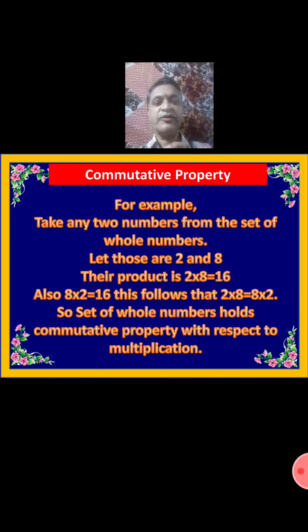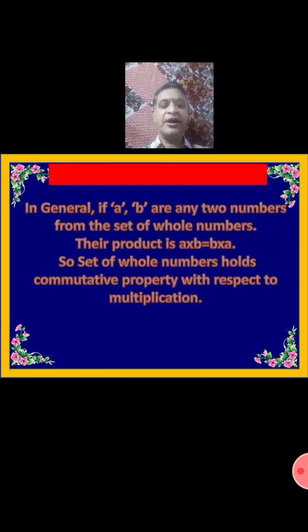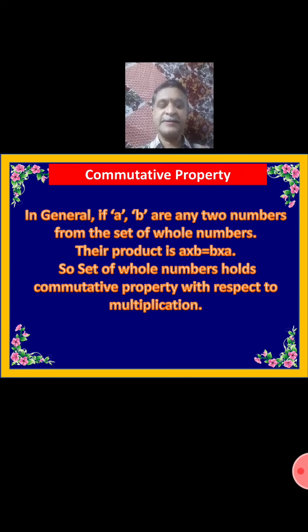So the set of whole numbers holds commutative property with respect to multiplication. In general, we say that A and B are two whole numbers. Then their product A into B is equal to B into A. Then we say that the set holds commutative property with respect to multiplication.